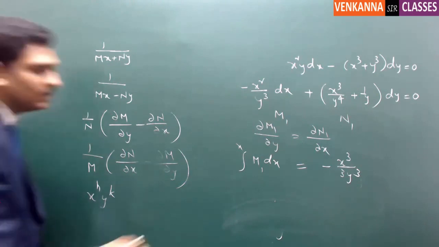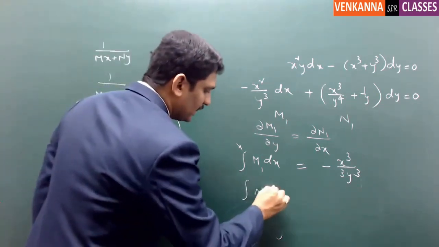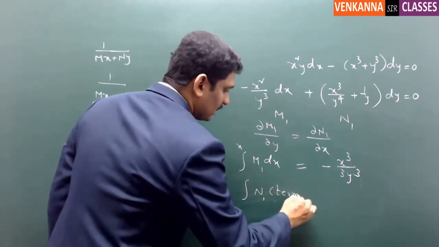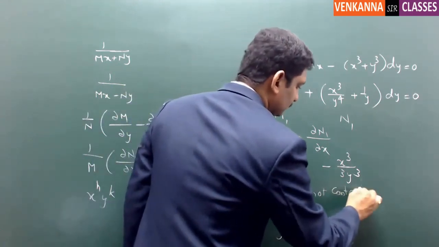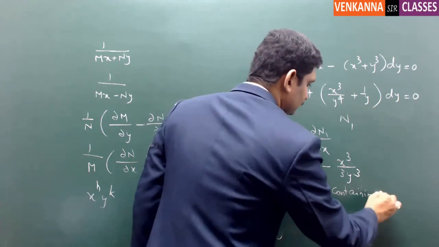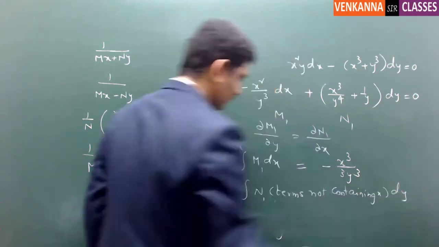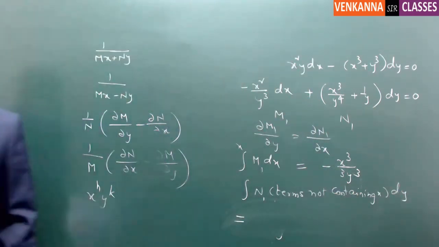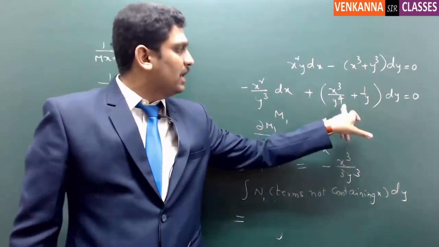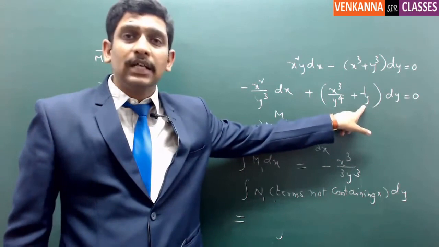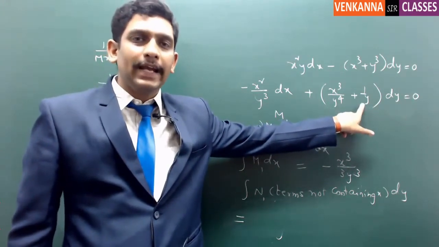And for the second one, integral n1, terms not containing x, of dy. If you consider this part, this is n1. Among the two terms, this is the term which does not contain x.